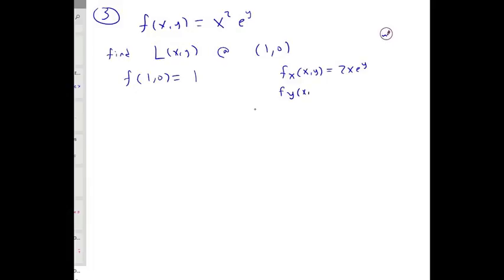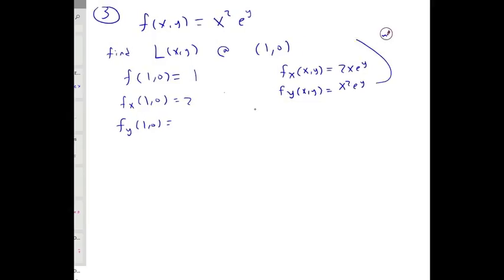Our y derivative is x squared e to the y. x squared is just a constant, so our x derivative at 1, 0 would just be 2 times 1 times e to the 0, which is just 2. Our y derivative at 1, 0 would just be the same thing as our function value, because our y derivative and the function are equal, so 1 again.